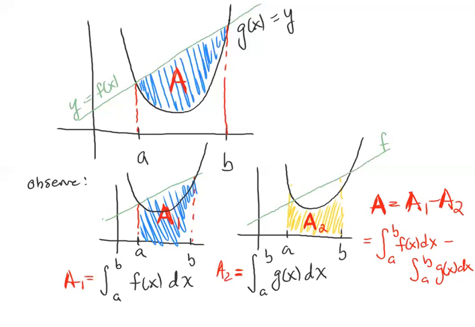I have a rule of integration that allows me to rewrite a sum or difference in the integrand as two different integrals. I can go backwards, because you notice that these bounds are the same on both functions. So this is equal to the integral from a to b of f of x minus g of x dx.